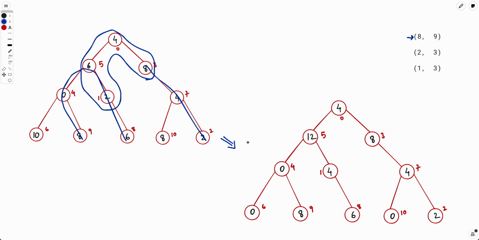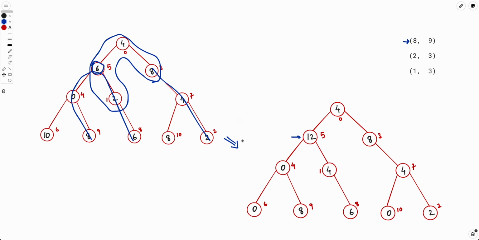Now we have applied this algorithm on a reduced node value, because we replaced each node with its final contribution to the answer. So basically this says that this node 5 would be contributing 12 to the answer. So if we have halved the value of 5, the final contribution of this node would be 6, right?